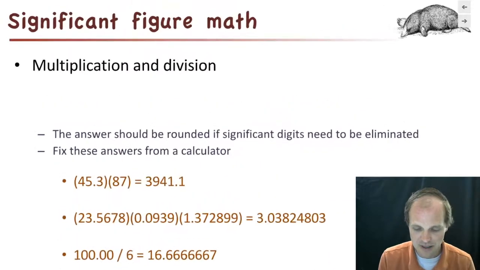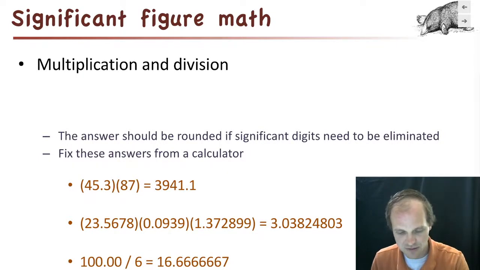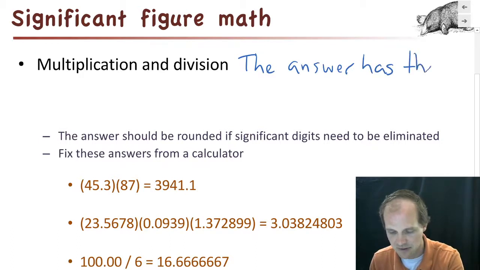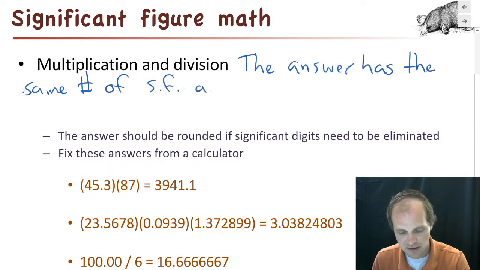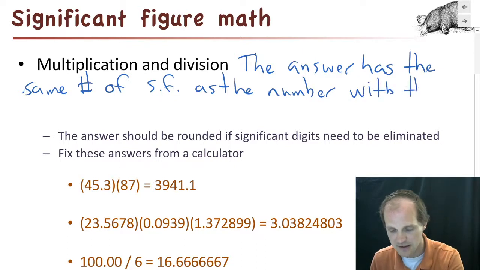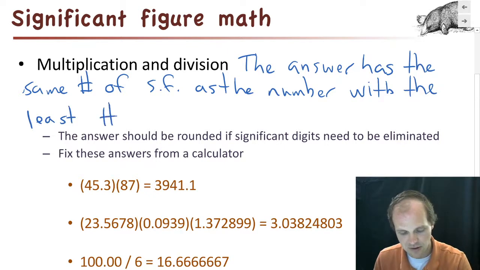And so what is the math that we have to do? When we're doing multiplication and division, here's what you have to do. The answer has the same number of significant figures as the number with the least number of significant figures.